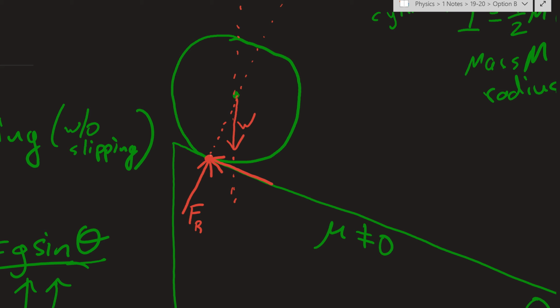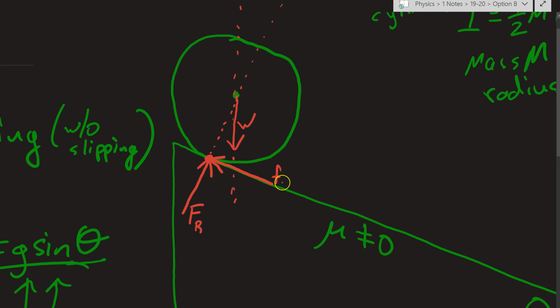Because remember, to figure out the direction of friction, it just opposes motion. So if this thing were going to slide down the ramp, friction would resist that slide. And the only place where friction can exert a force on this object is that point of contact. So this would be the force of friction.